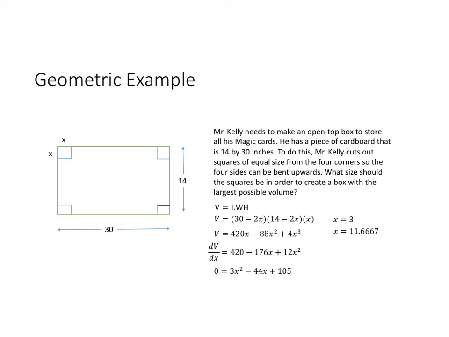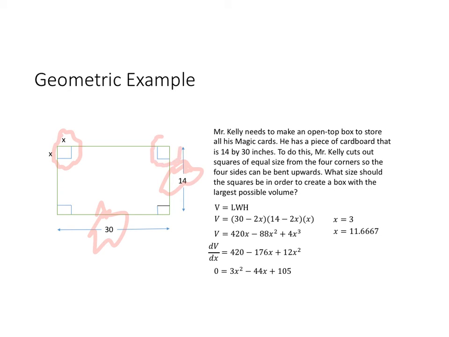Well, first of all, we've created a picture here, all right? And we have a rectangle. We know it's 30 by 14. And we know that each of the corners is going to be a square that's x by x, okay?